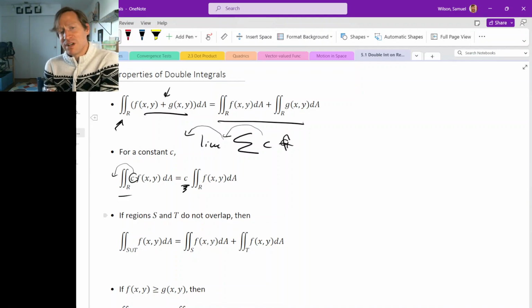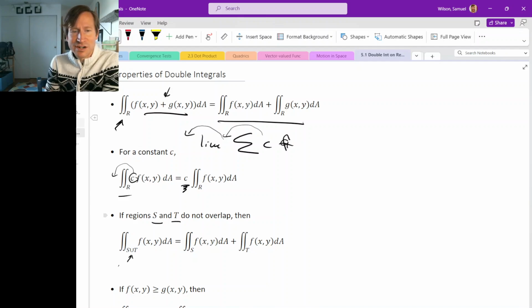Okay, another property of double integrals that geometrically is very obvious, and that also has a corresponding fact about single integrals, is that if you want to integrate over a region that is built out of two smaller regions, so this notation here is S union T, right?